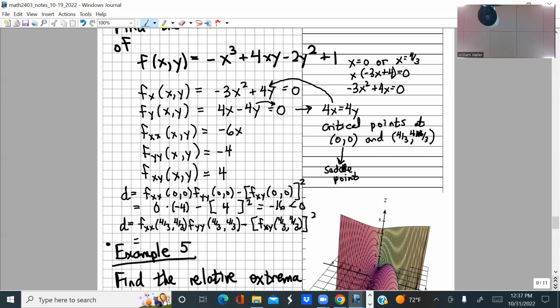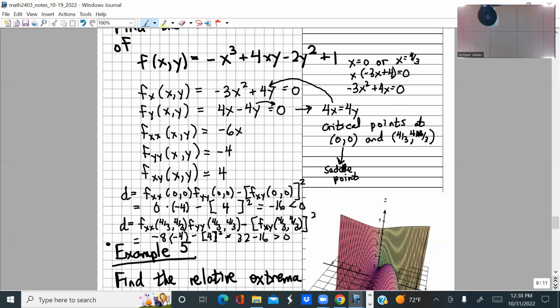So we get -6 times 4/3, which is -8. -8 times f sub yy, which is -4, right? Minus then 4 squared, positive 4 squared. So this looks like 32 minus 16, which is bigger than 0.